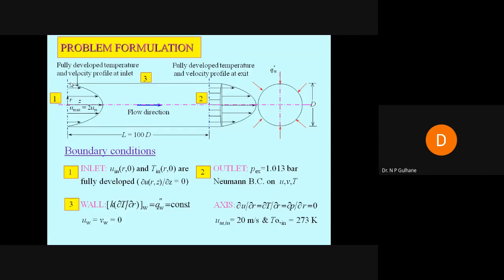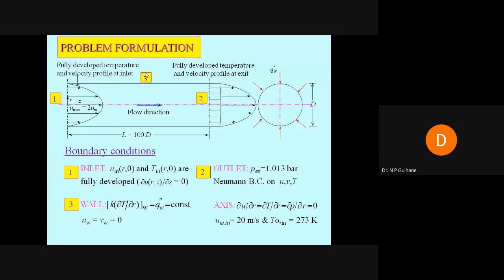Now, the third boundary condition is the wall boundary condition. We are only studying the half part because the half part is exactly symmetric. So it is an axisymmetric condition. Okay. So this is called the wall boundary condition, and because of the Fourier law of heat conduction, you can see the amount of heat flux which is penetrating from this wall inside this fluid.